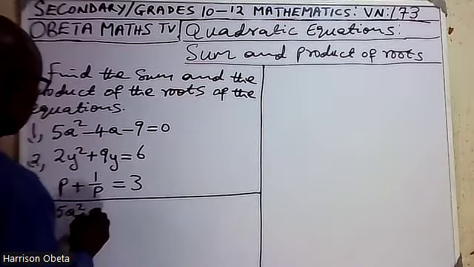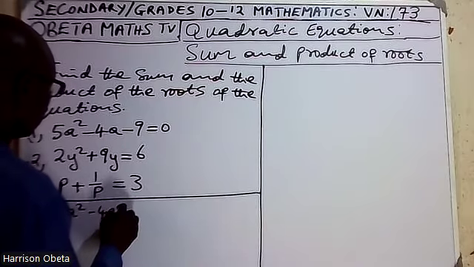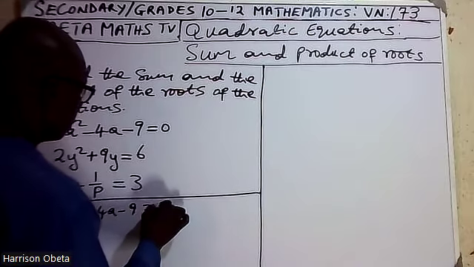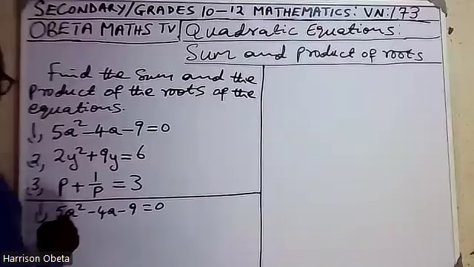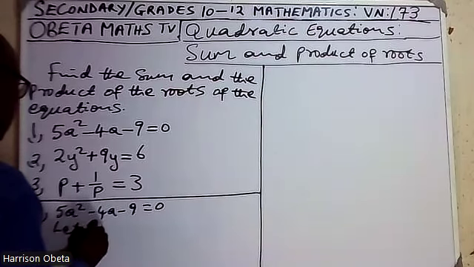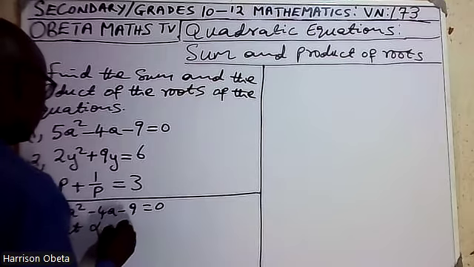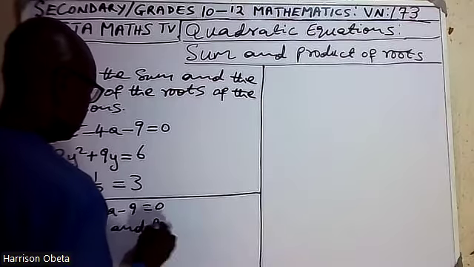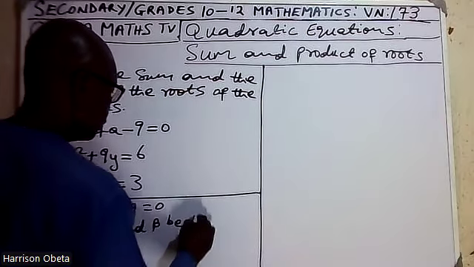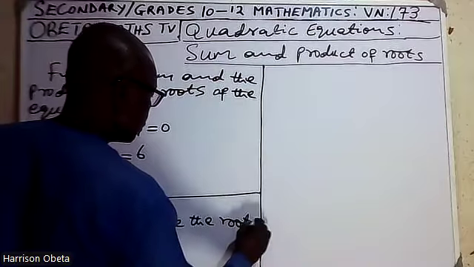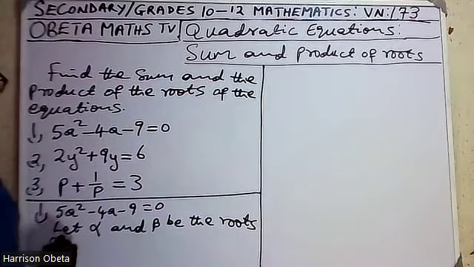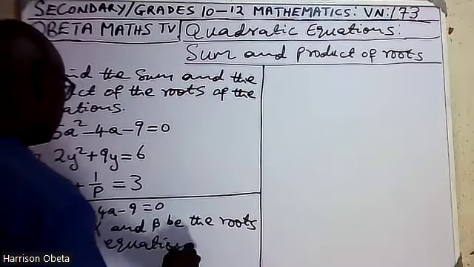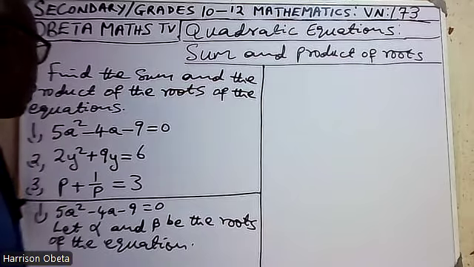5a squared minus 4a minus 9 is equal to 0. Now let us take this. Let alpha and beta be the roots of the equation.